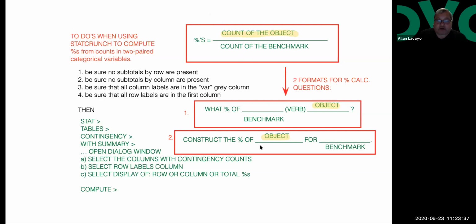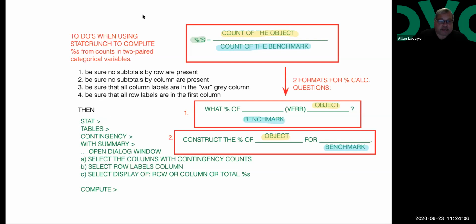And then the benchmark goes before the verb in the question, and after the verb in the command statement, and that's the numerical count that goes in the bottom of the fraction. And as we all know, yellow and blue makes for green. So to calculate a percentage, you divide the yellow by the blue.